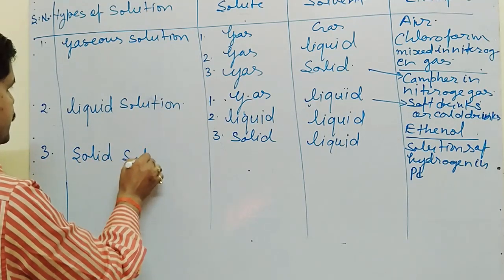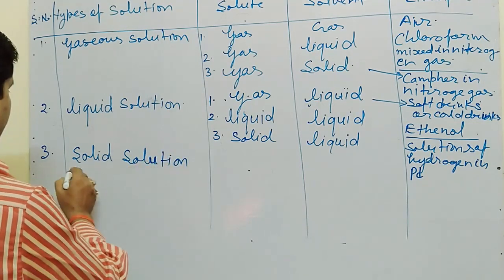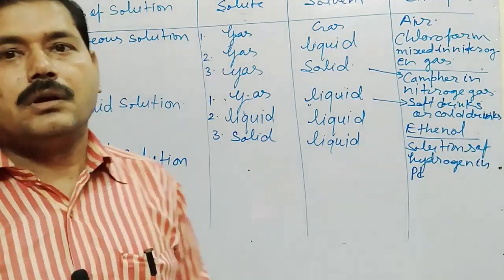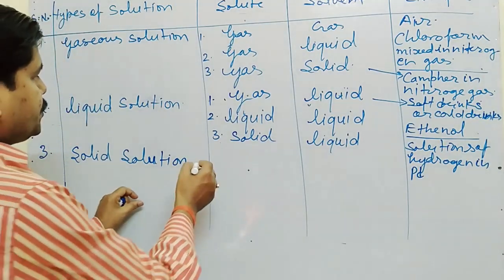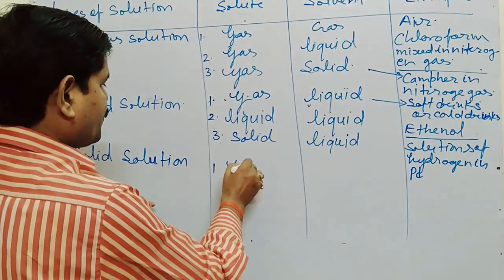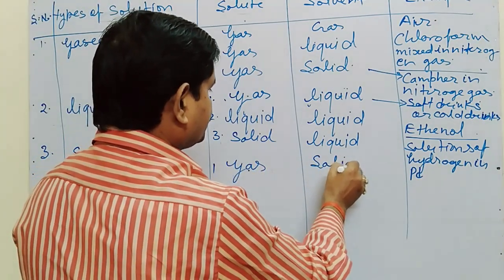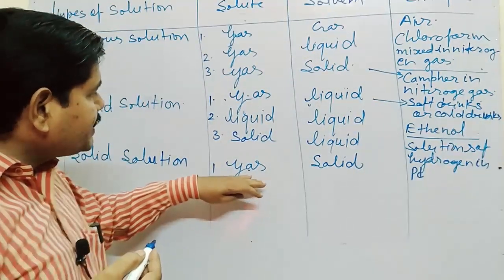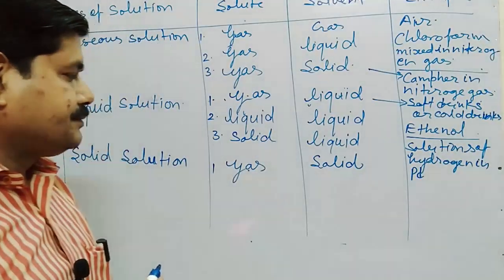The third type of solutions is solid solutions. Solid solutions also divide into three subdivisions. The first is gas in solid. In these solutions the solute is gas and the solvent is solid.